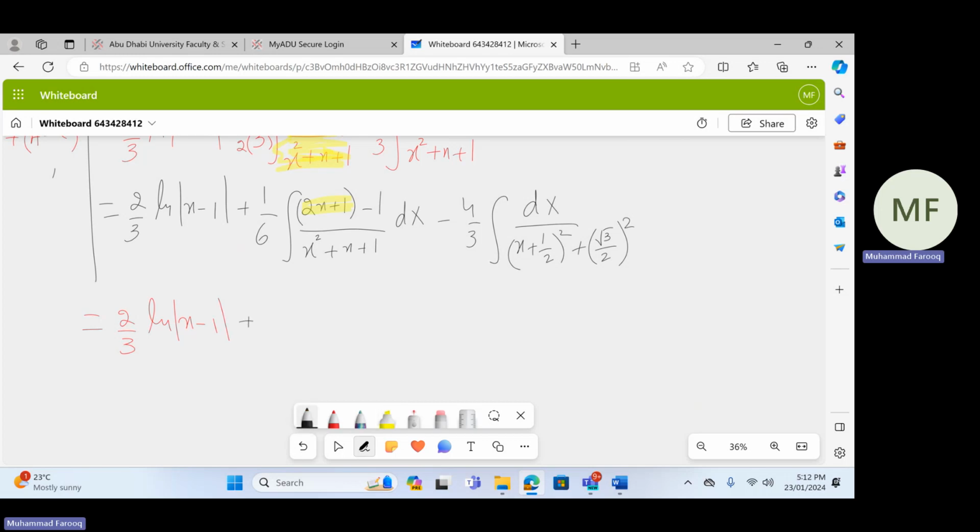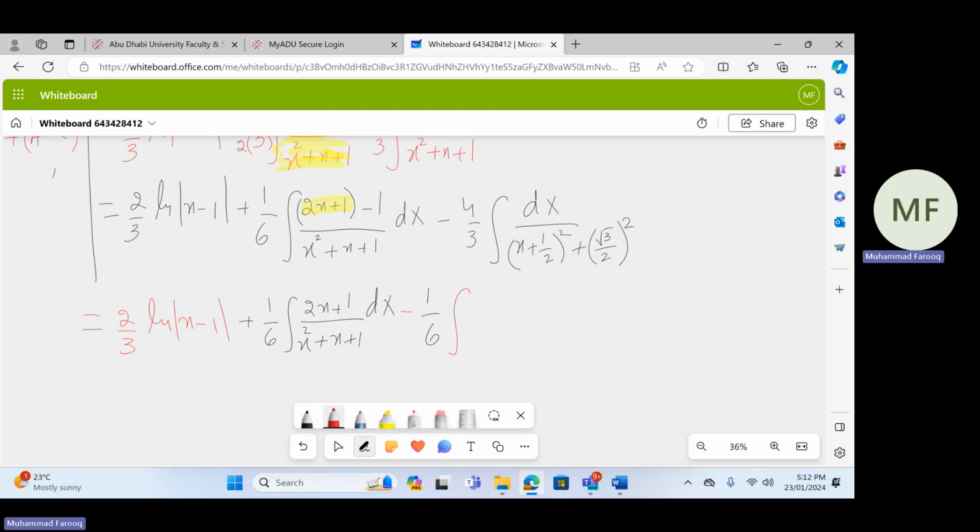Means look at here: 1 over 6 integrate 2x plus 1 divided by x squared plus x plus 1 with dx. Then split again, minus 1 by 6, yes, it's minus.